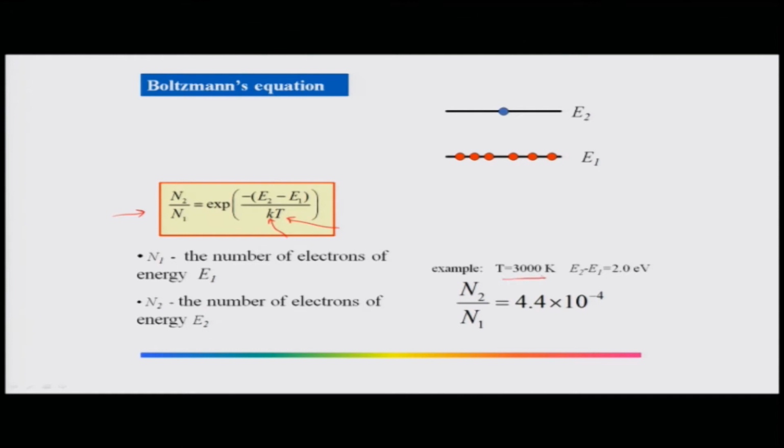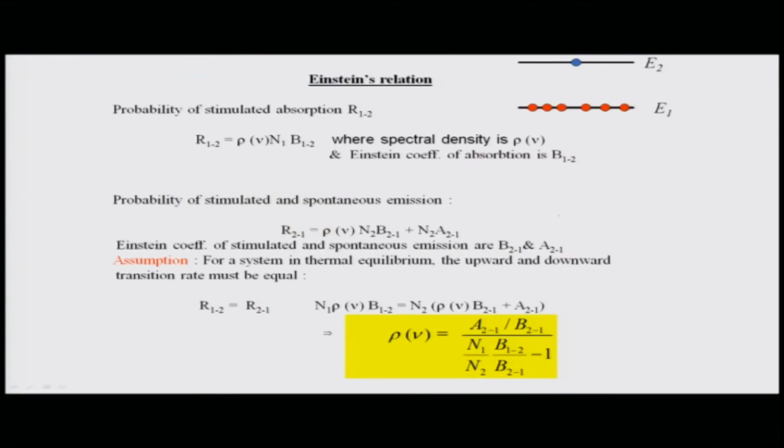For any system, even at, let us say, 3000 Kelvin, pretty high temperatures, we still see that the relative occupancy of the excited state is very low compared to the ground state. So, in normal conditions, it is almost always a picture where most occupancy is in the ground state and less in the excited state.